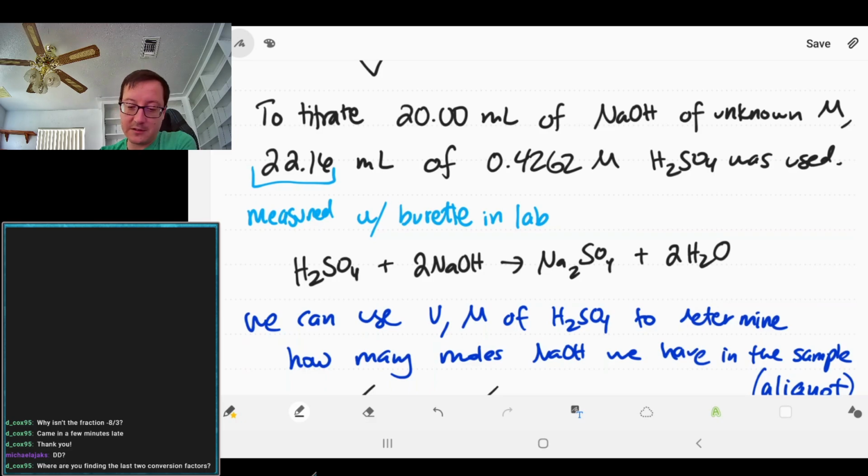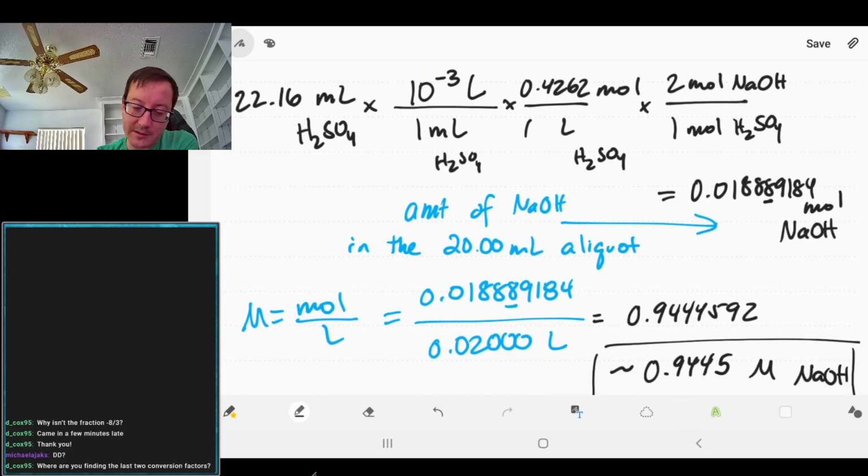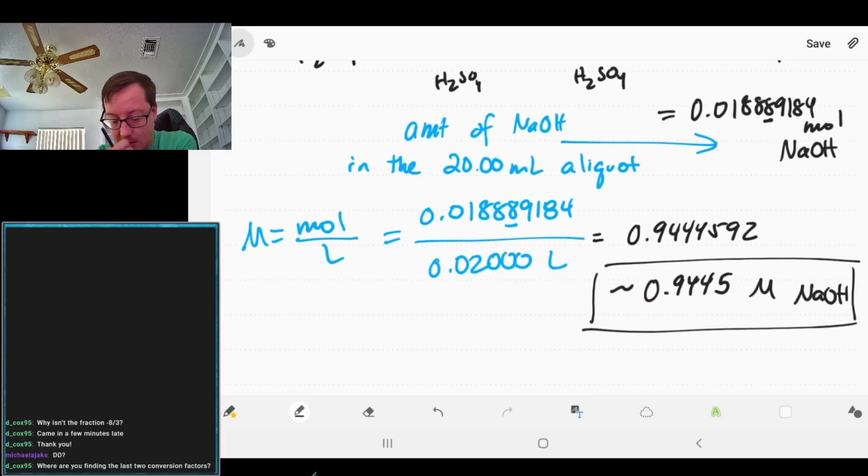As a result, we were able to calculate the concentration of our unknown solution by figuring out the moles we had and then using the amount of volume we had for our sample. And so we ended up with this number. Fun stuff, huh?